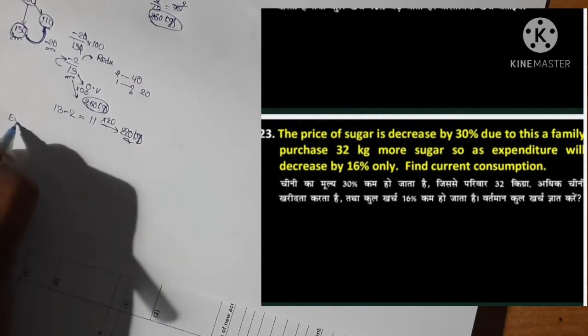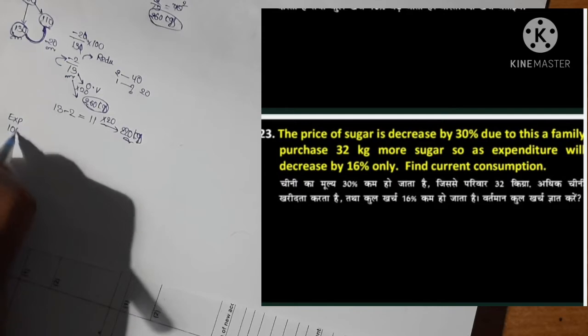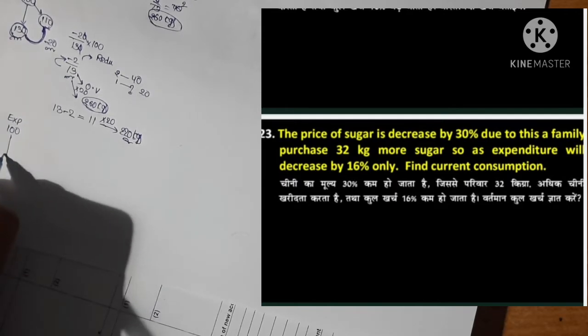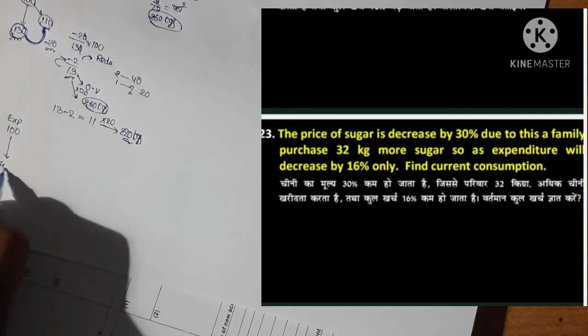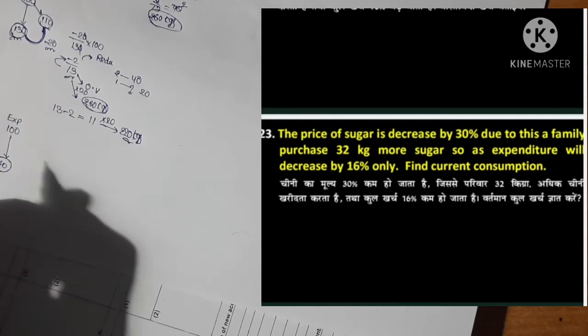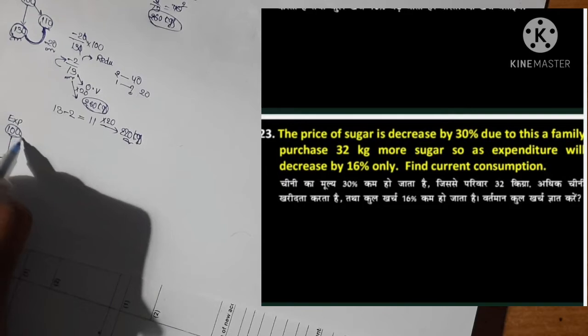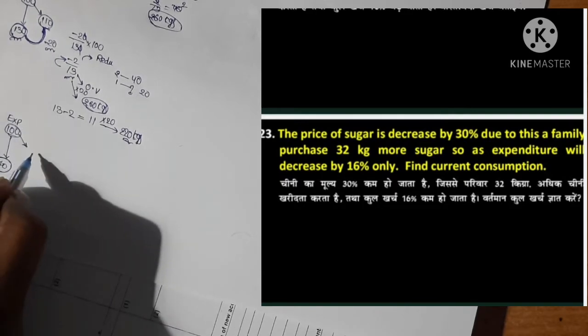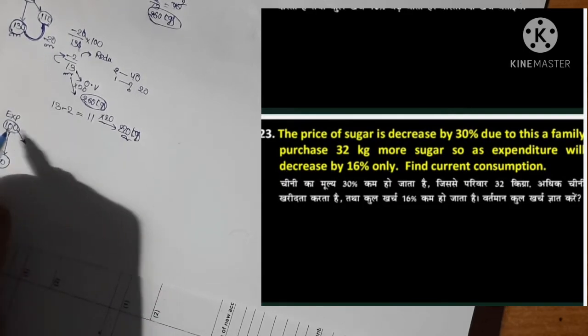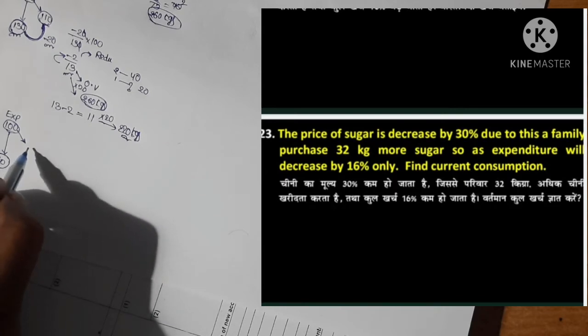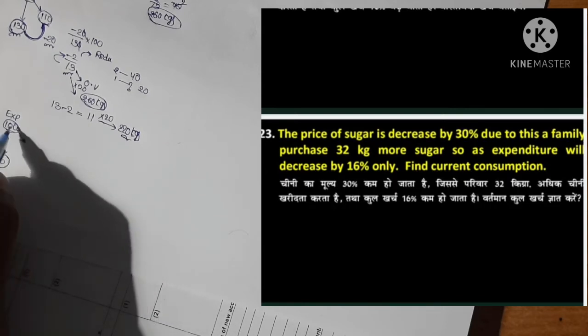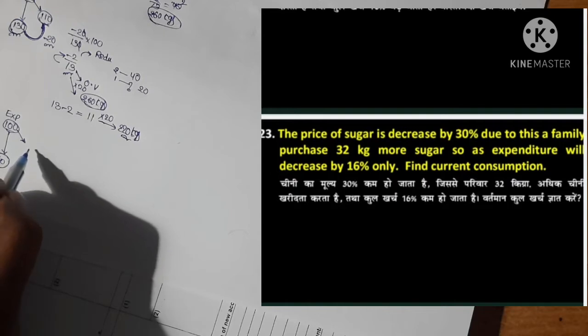So starting, take the expenditure as 100. It is decreased by 30%, that means the expenditure is 70. The current expenditure is decreased by 16%. 16% of 100 is 16, 100 minus 16, the value is 84.